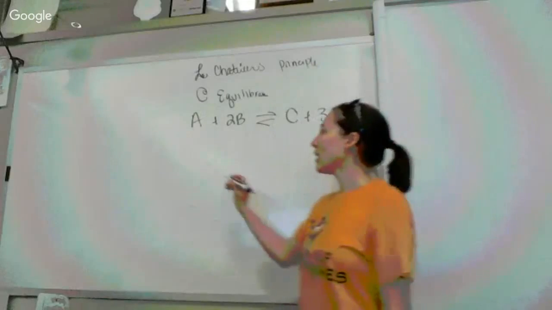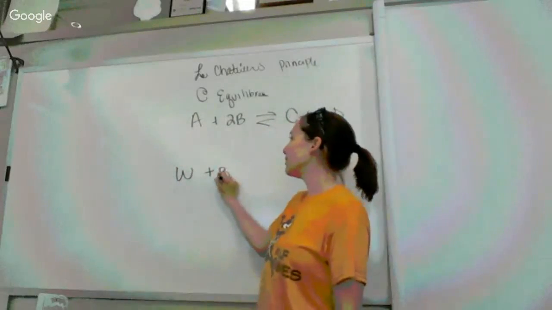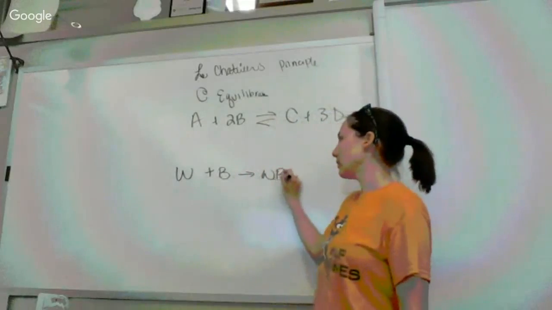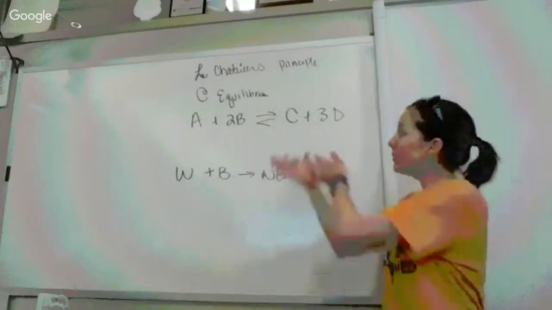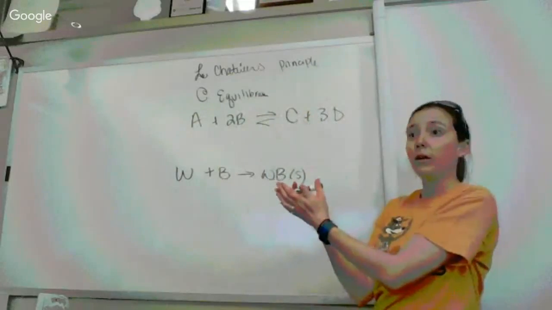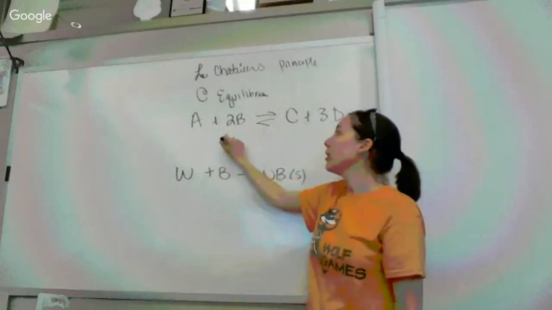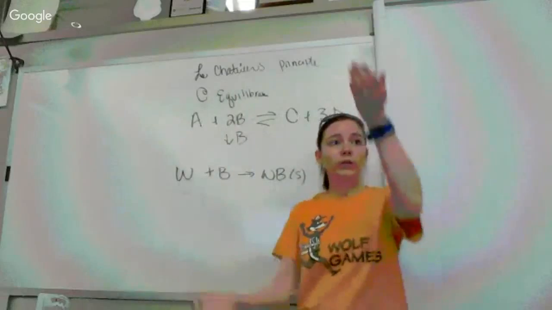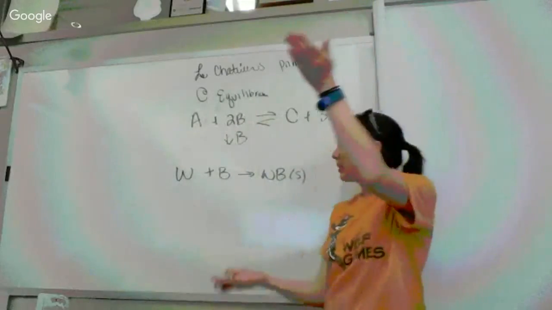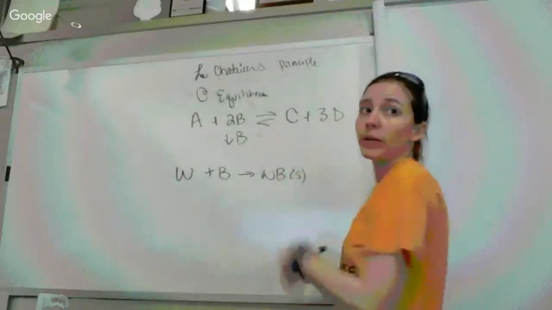So let's say we have imaginary compound W, that when you have W plus B, they make a solid, right? So if I add W to my reaction here, it's going to grab out some of this B and stress my reaction by decreasing B. So we were going back and forth, and now all of a sudden I've balanced it so that my B was too small, right?